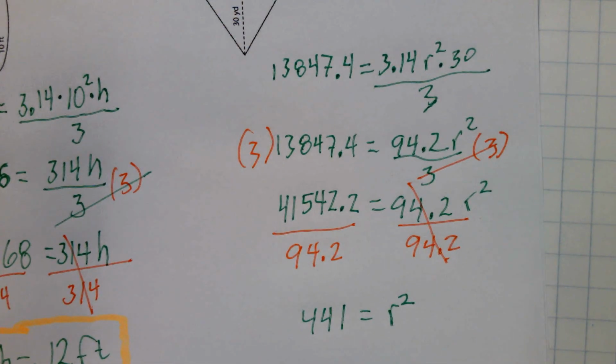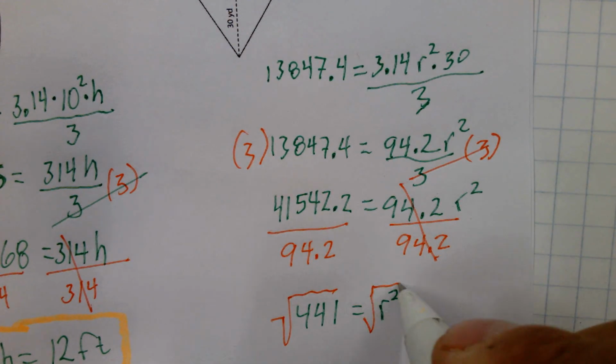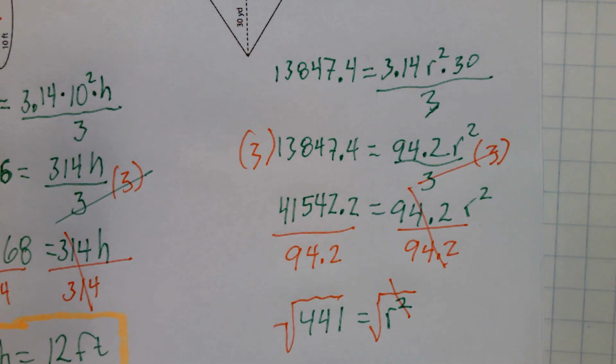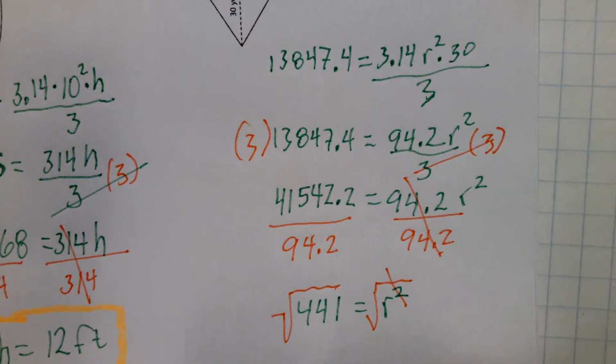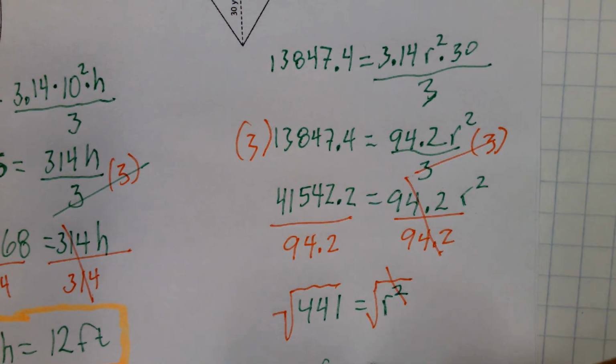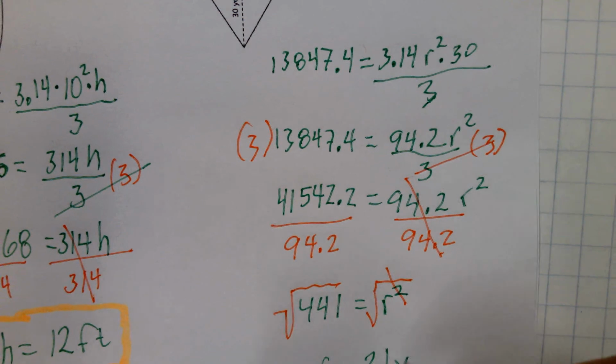But we don't want radius squared, so we'll square root this to get 21. And this would be 21 yards.